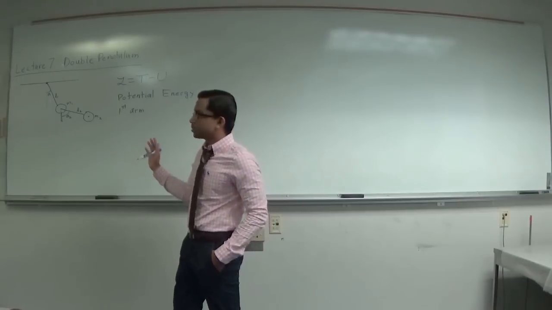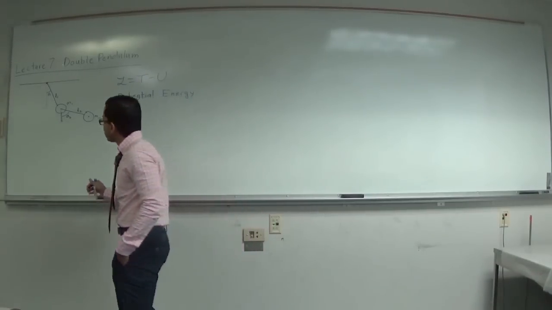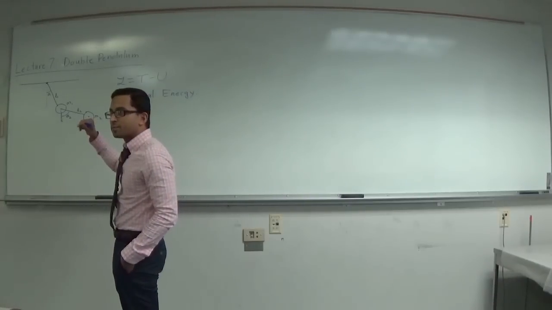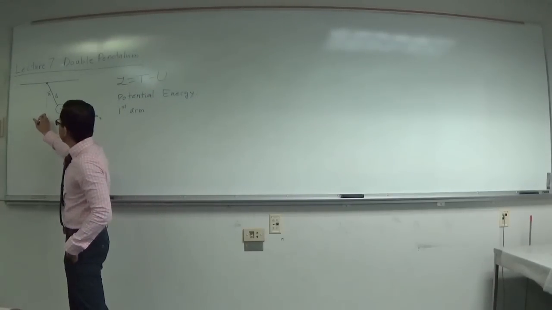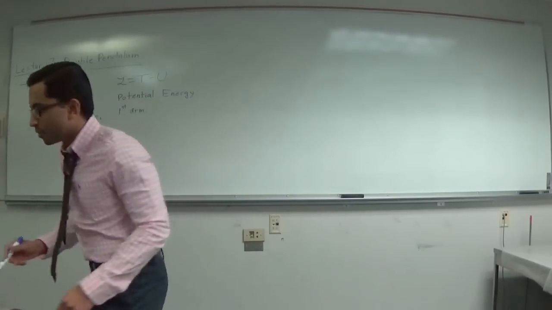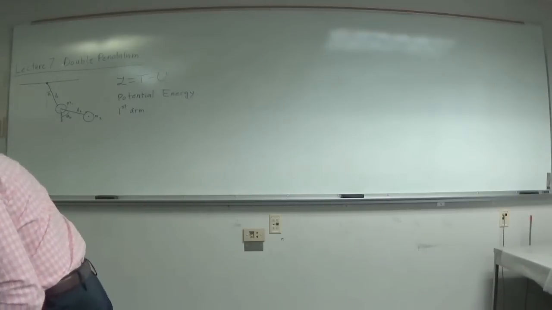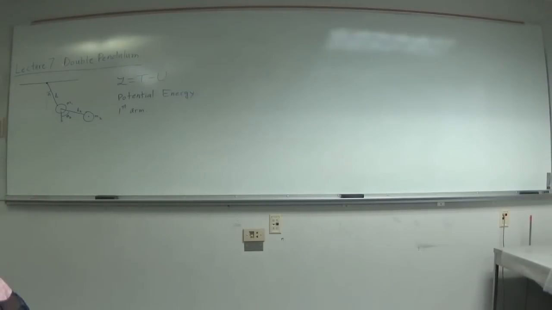So we can define the potential energy any way we want, but what's a convenient way to define it? If the pendulum is at rest on the bottom, what do you want to say the potential energy of that is? Zero, right?